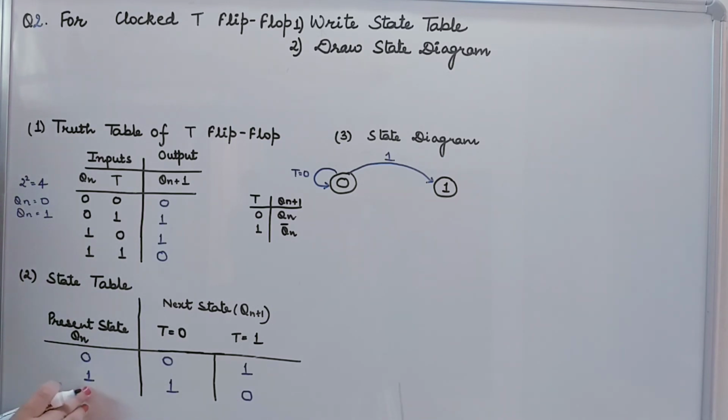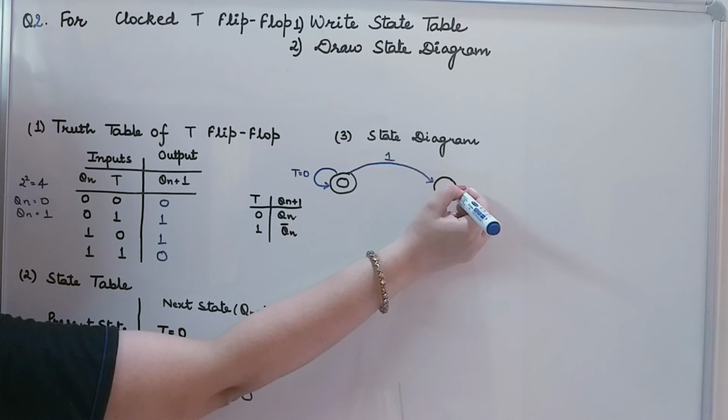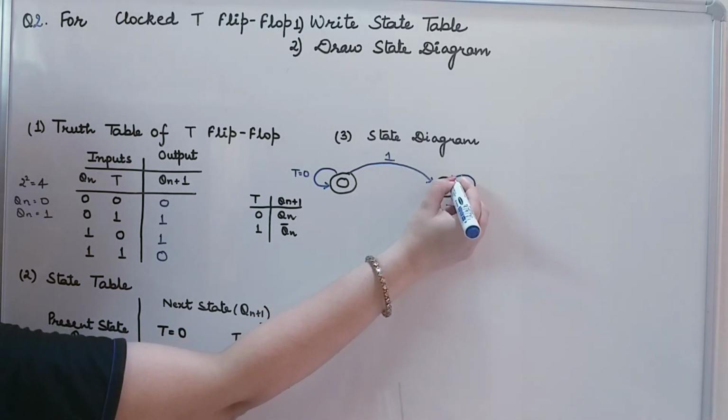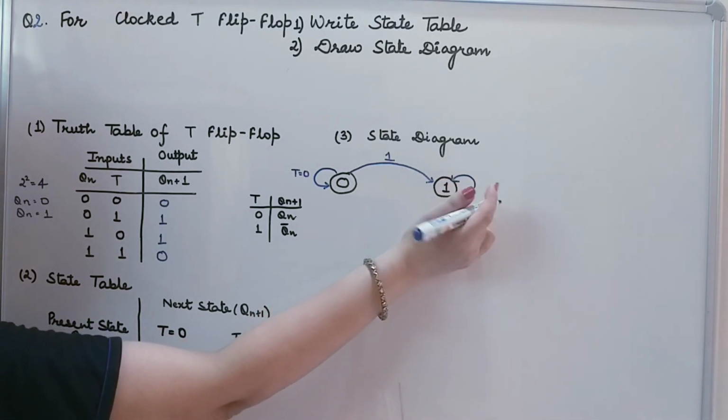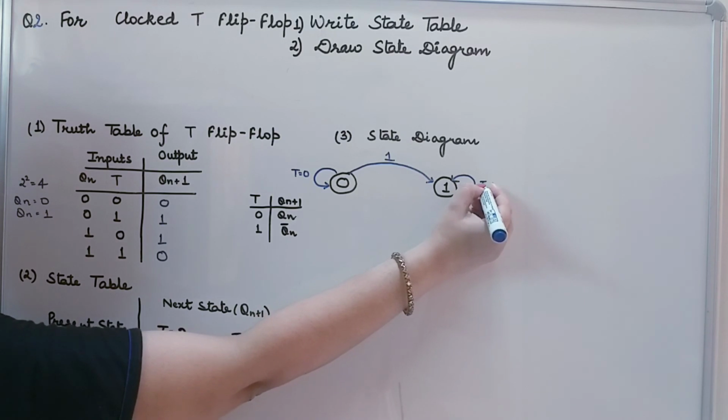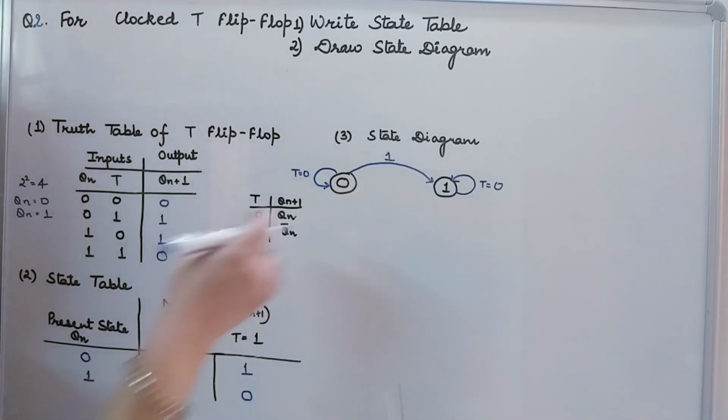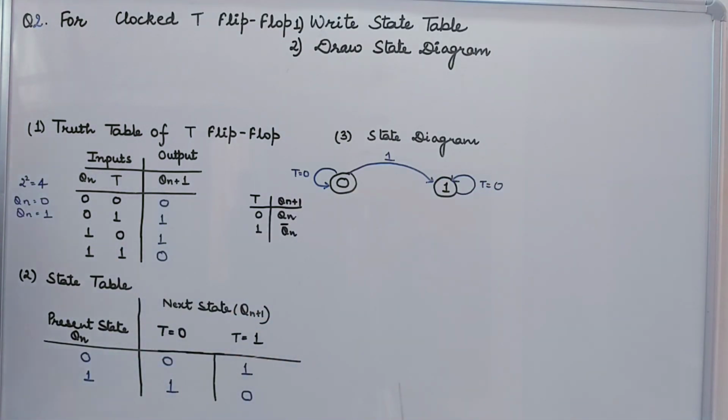Now my present state is 1, and what is my next state? That is also equal to 1, which means it is changing from the same state to the same state for T equal to 0. So I will be using a loop, which means it is going back to the same state. For T equal to 0, you can write down T equal to 0, or you can simply write down 0.